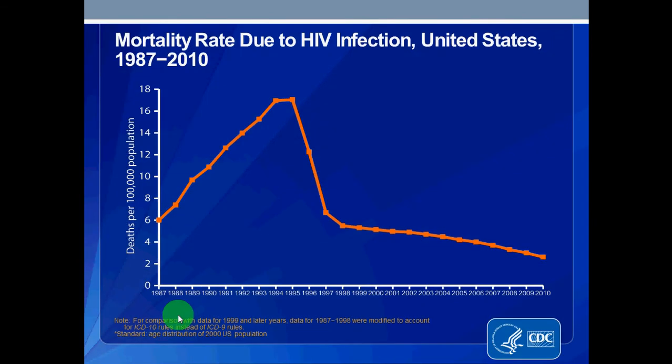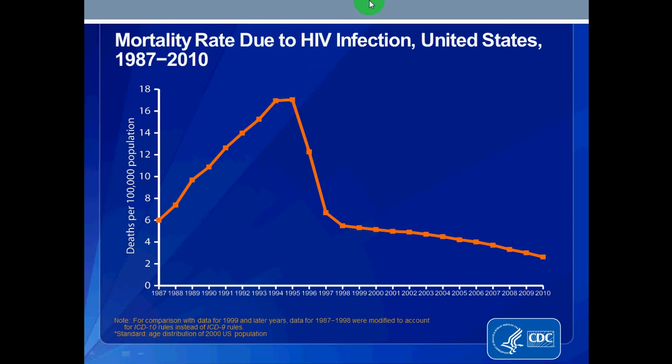This is showing you the mortality rate due to HIV infection over the years. Again, the epidemic started in the 80s, and as the epidemic took hold, we started diagnosing more and more people with HIV. You can see the number of people dying from HIV went up. This number, again, is the rate per 100,000 people in the population.